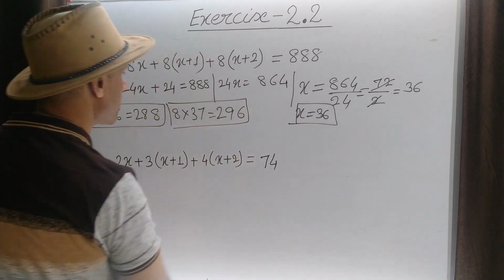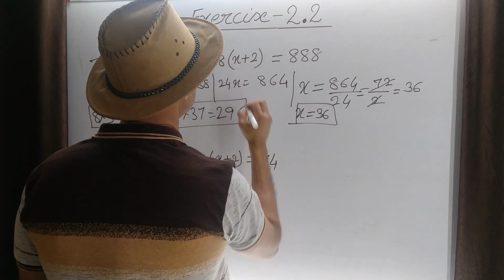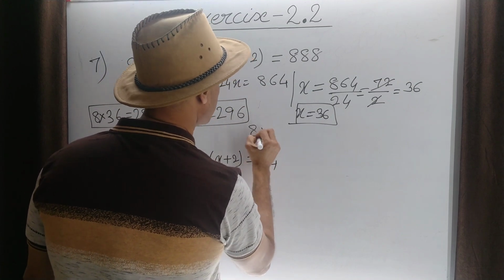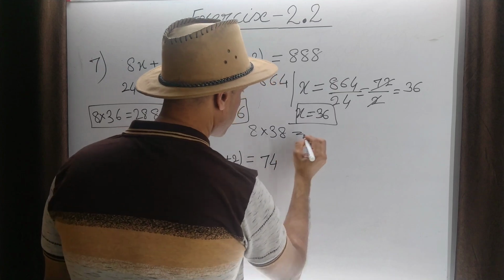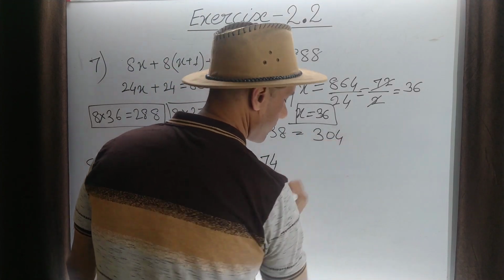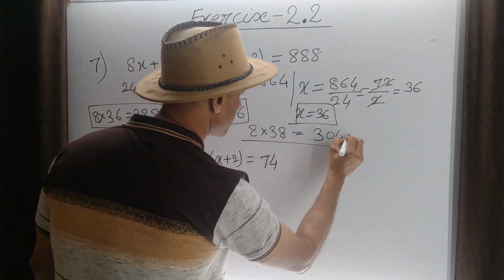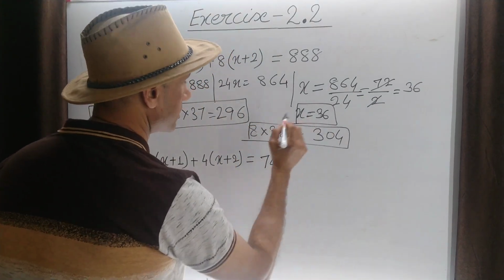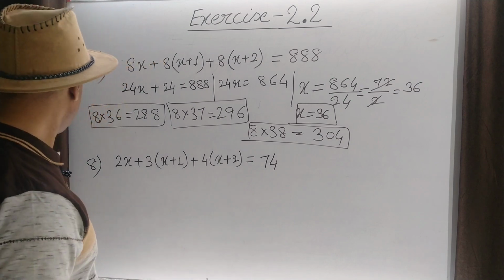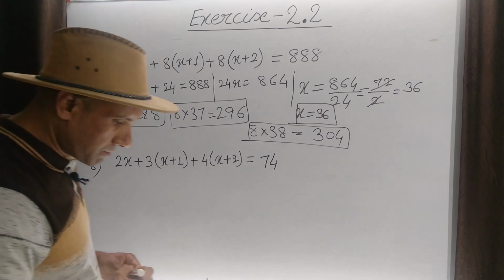So the second multiple is 296. The third multiple is 8 into 38, and we get the value as 304. So the 3 multiples we have got are 288, 296 and 304. Understood? Moving on to the next question.